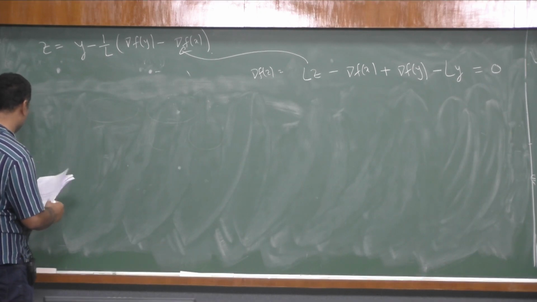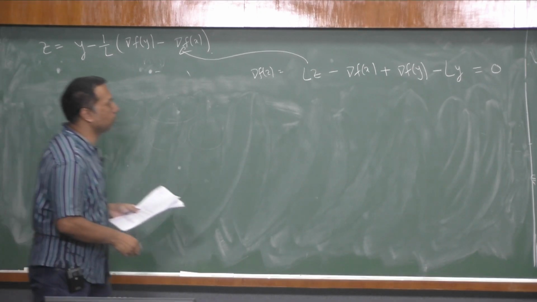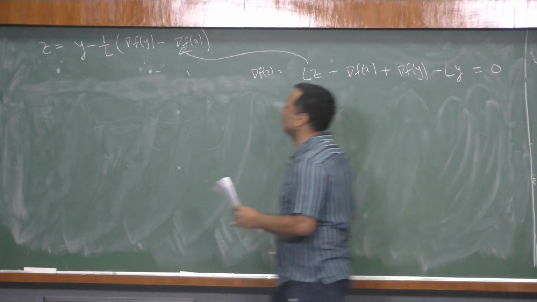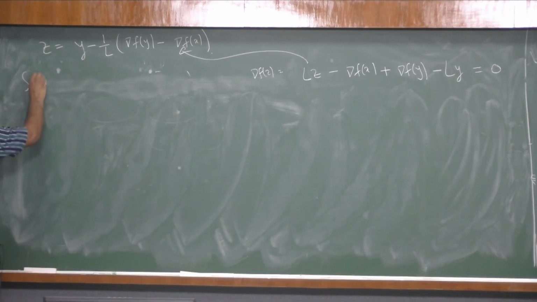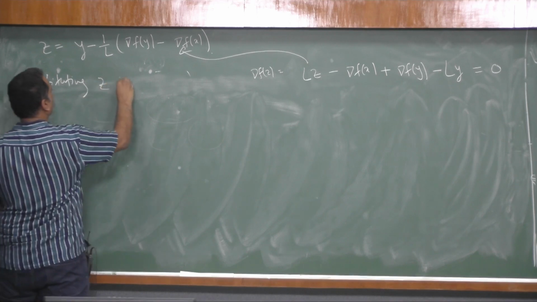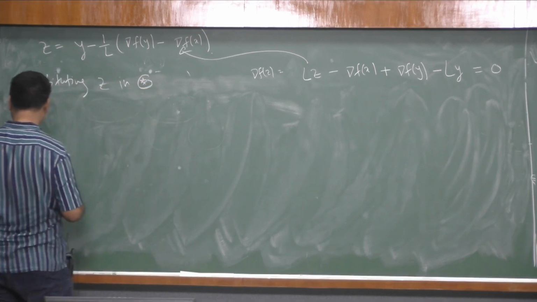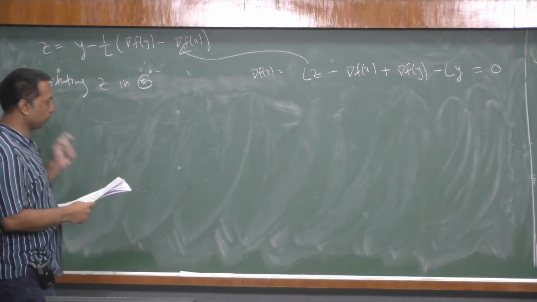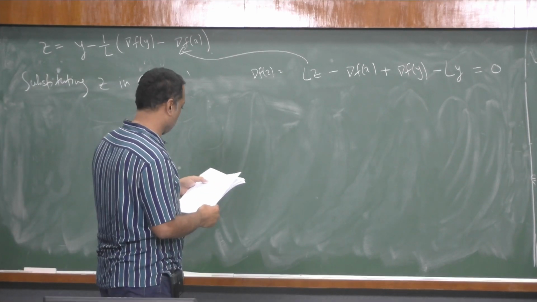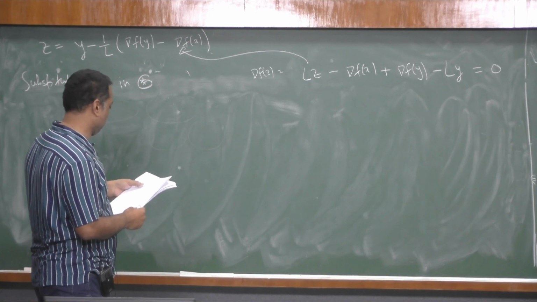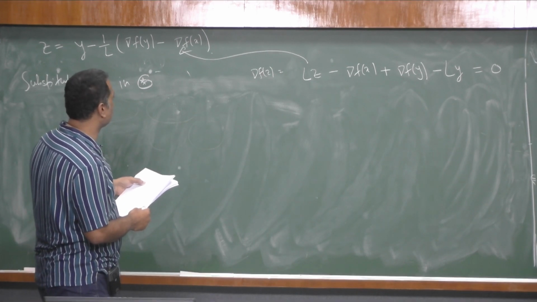So substituting this in, let us say this is star, substituting Z in star, and after reorganizing, let us see. fx minus fy, and I am going to put this Z there.